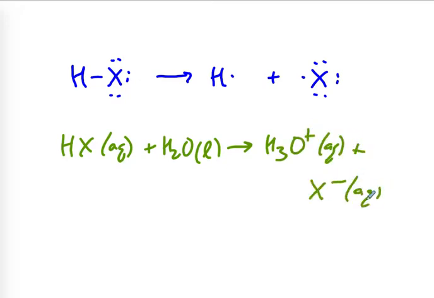So I really don't think it's valid to imply that the bond energy, as shown in the first equation, has anything to do with the ability of HX to donate a proton. Nonetheless, this is what's mentioned in the textbook, so I thought I'd tell you about it. Let's move on.